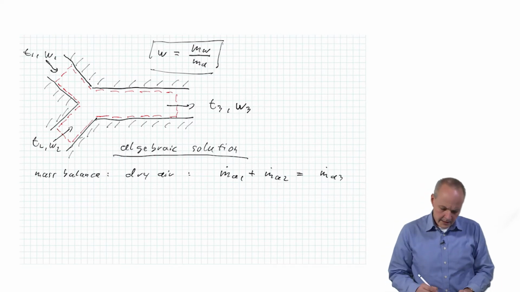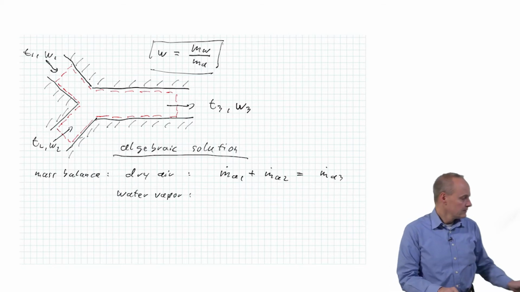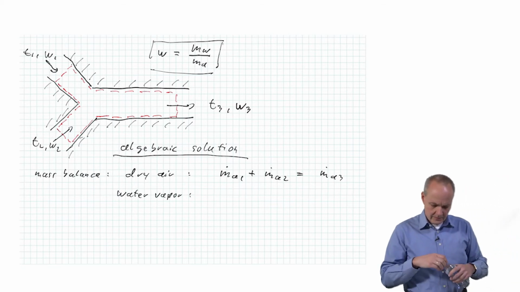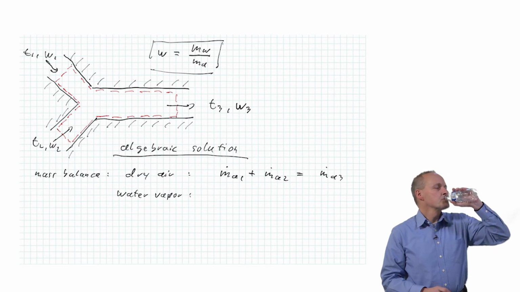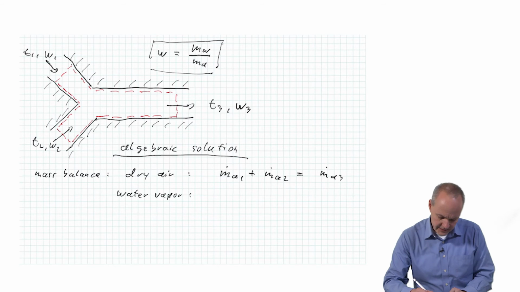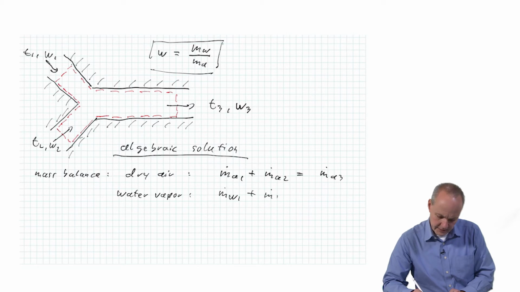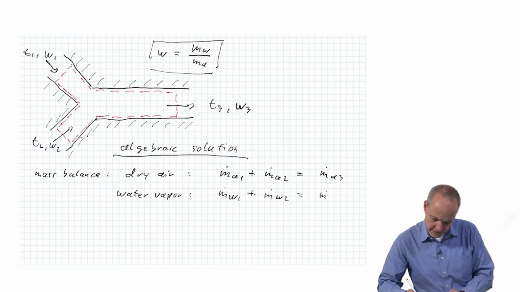Okay? And then we have the water vapor. It's very similar. It's m dot W1 plus m dot W2 is equal to m dot W3.